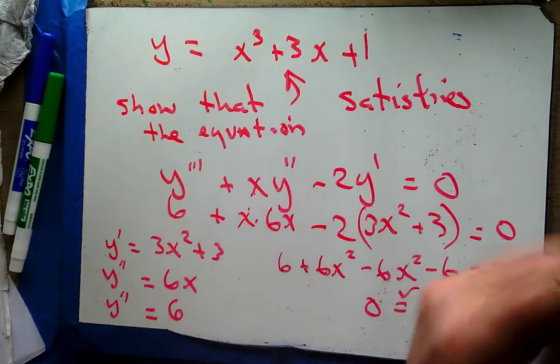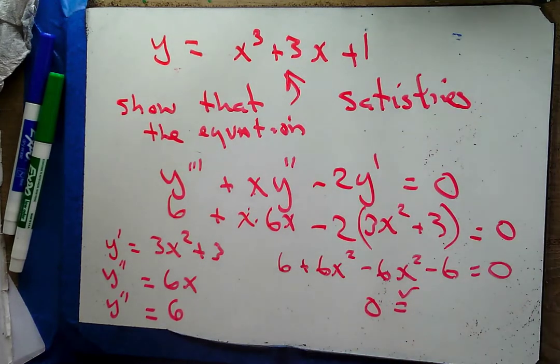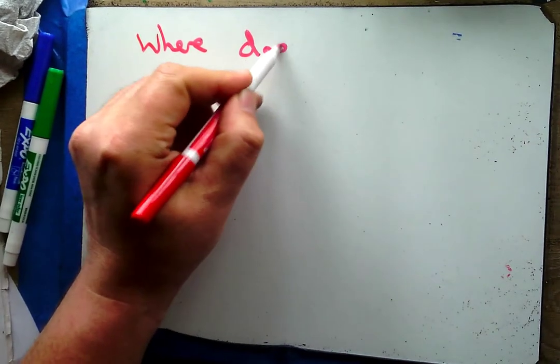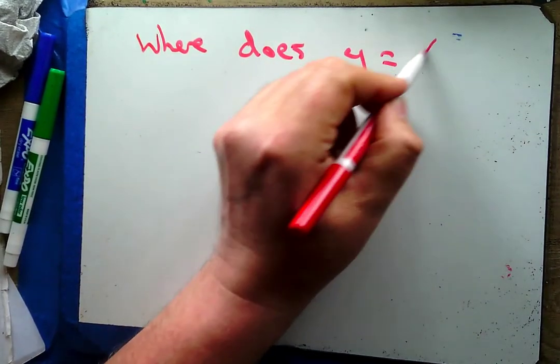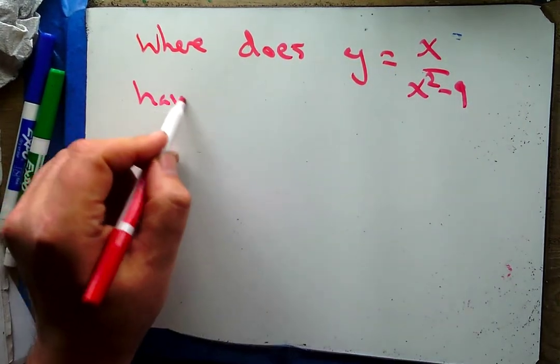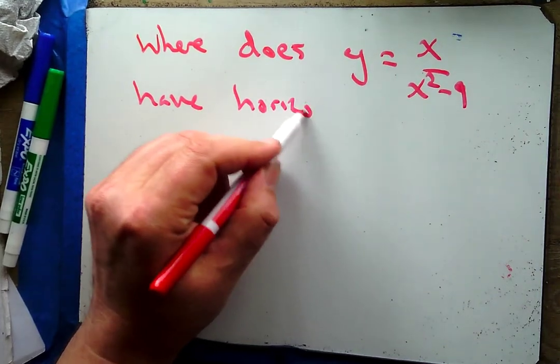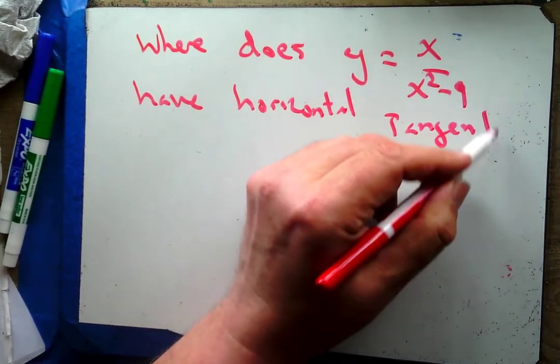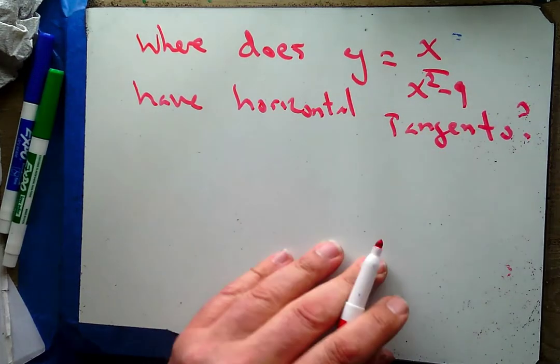Okay, let's do some application problems. So, how about this one? Where does y equals x over x squared minus 9 have horizontal tangents? I know, and you're probably saying, huh?